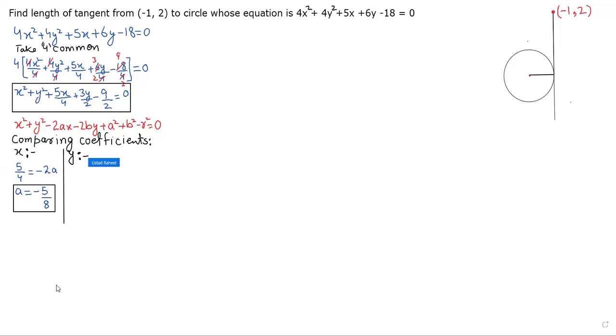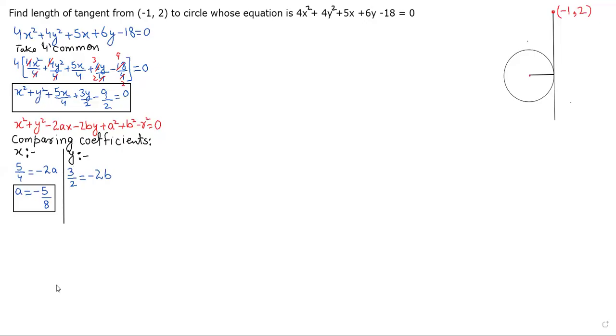First I've done the comparison of x, now y. In the equation in the box, the y coefficient is 3/2, and in the equation written in red, the y coefficient is minus 2b.